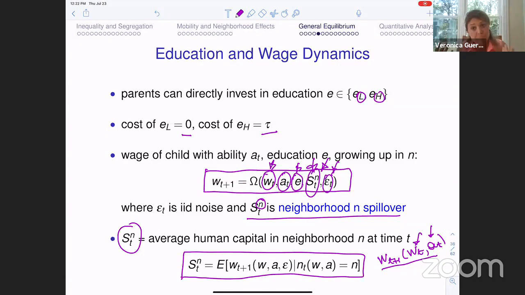It could be because of peer effects, if the ability effect is more important. So it can embed a lot of different explanations, and of course the specific functional form of the omega object, and the strength of the spillover in the wage dynamics, is going to be very important to determine that. We are going to see how we are going to try to discipline this in the data later.